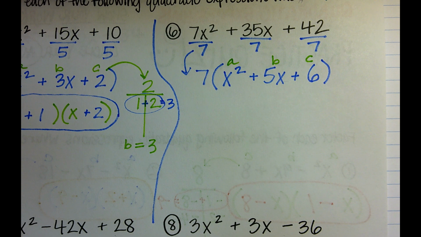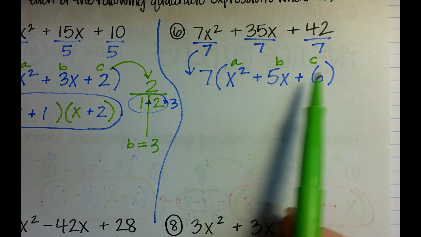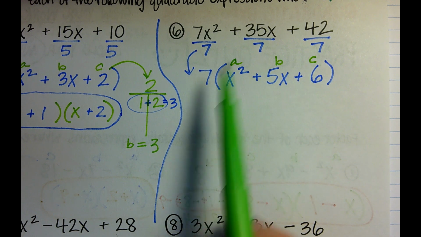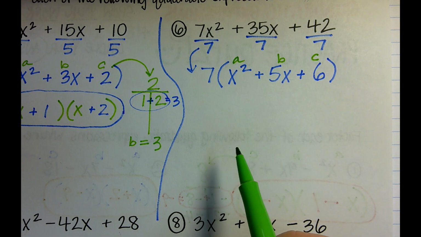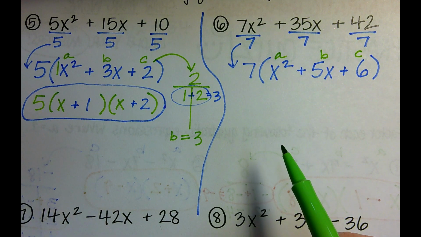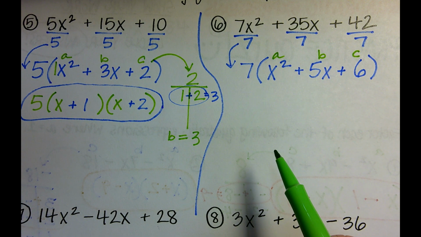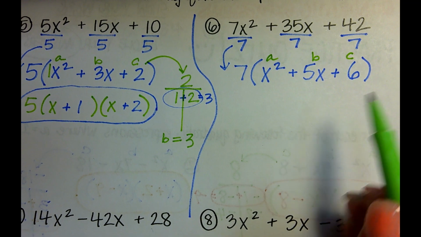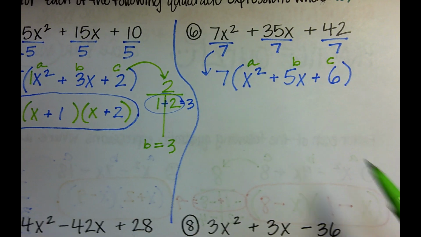So now that we've gotten rid of our greatest common factor of 7, we've written it outside, we have a reduced quadratic expression where our first term is 1. What should we do next? Find the factors of C, absolutely.